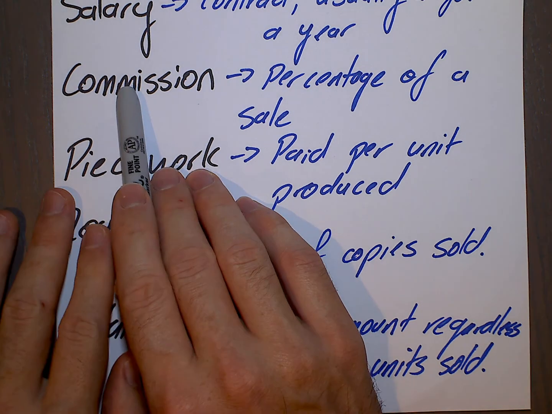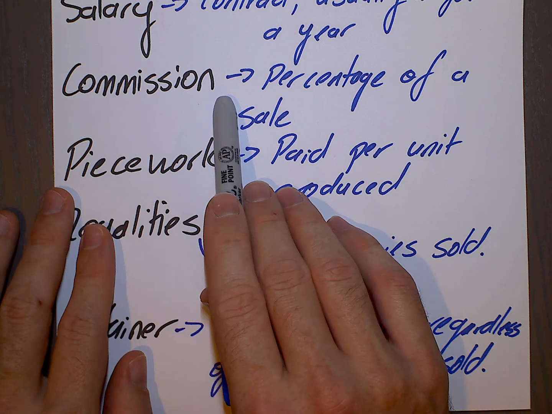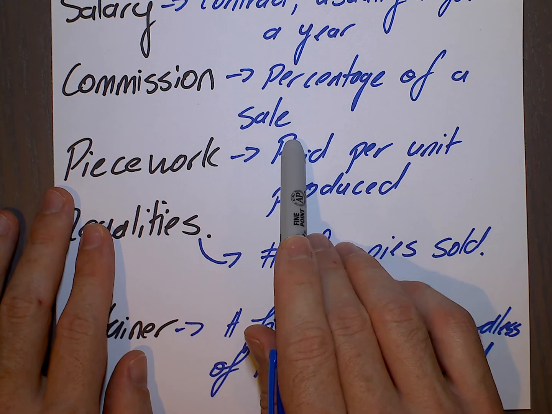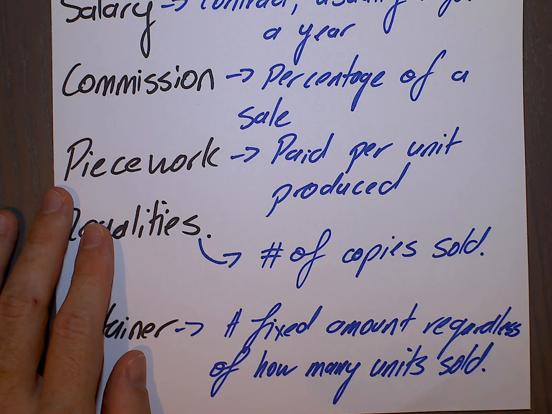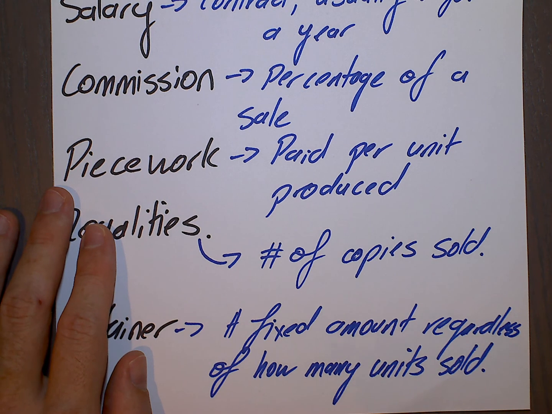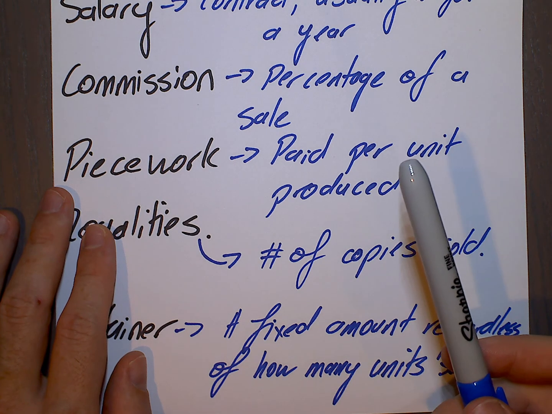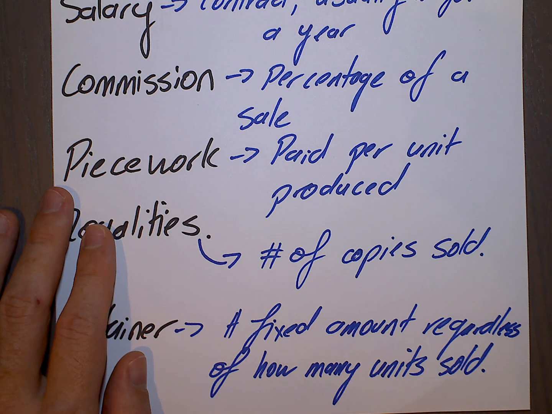Let's start with commission. Now, commission, you've probably heard of, is a percentage of a sale. So let's just say you're working at JB Hi-Fi and you are paid on commission. This means if you sell a lot of things, you'll get a bigger income.